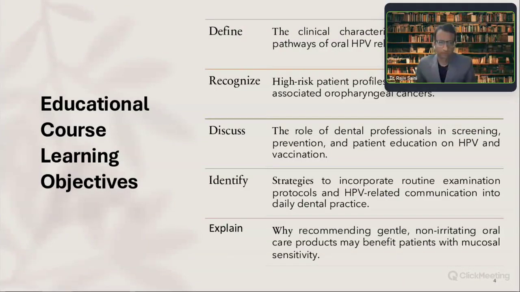We will also identify strategies to incorporate routine examinations, protocols, and HPV-related communication into daily dental practices. And we will also explain why recommending gentle, non-irritating oral care products may benefit patients with mucosal sensitivity.